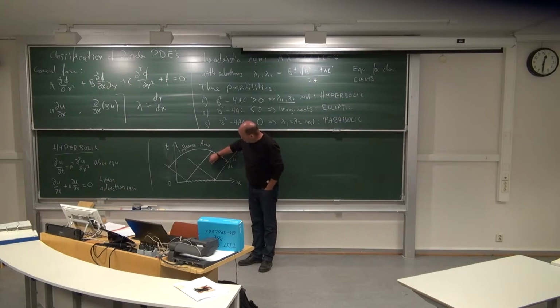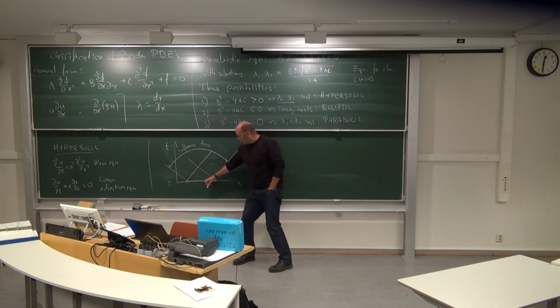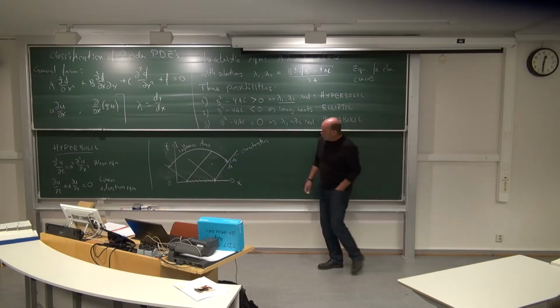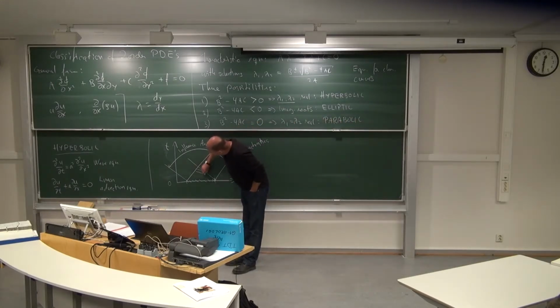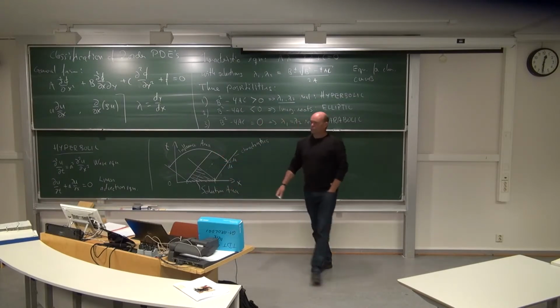Say you want to find a solution at this point in space and time. Well, you have some information traveling from here, that's okay, but you are missing something here to the right. So you can't find a solution at that point. We don't have enough initial information, we don't have enough initial boundary values. So the only area where you actually can find a solution will be in this triangle. So that's the solution area. Okay?